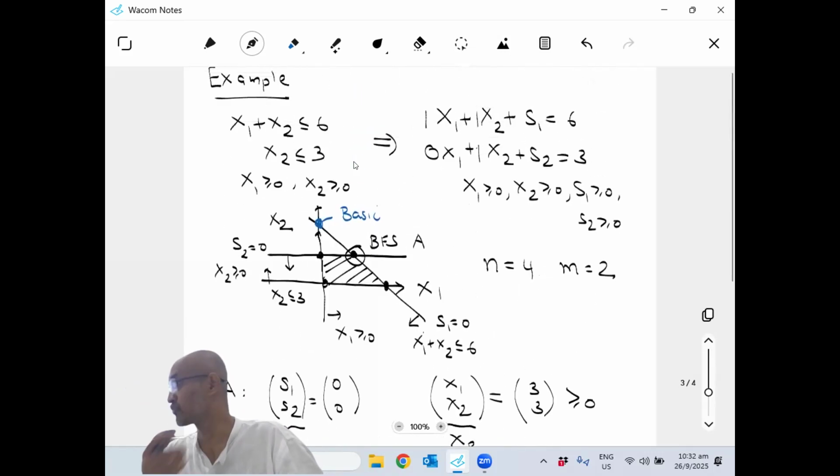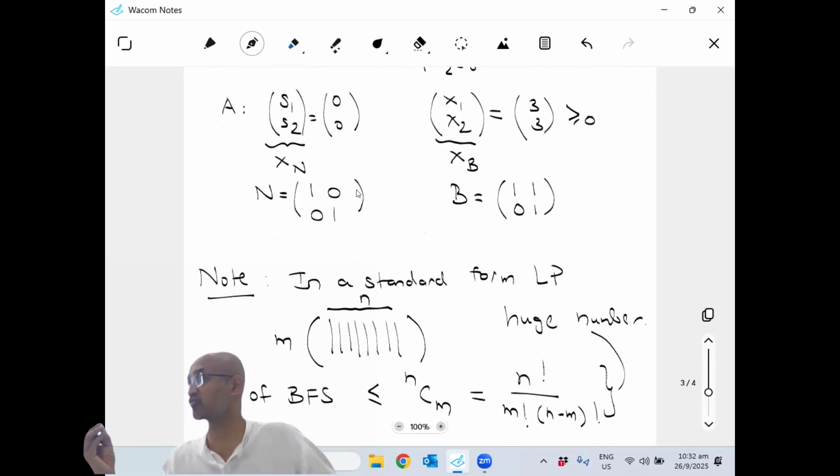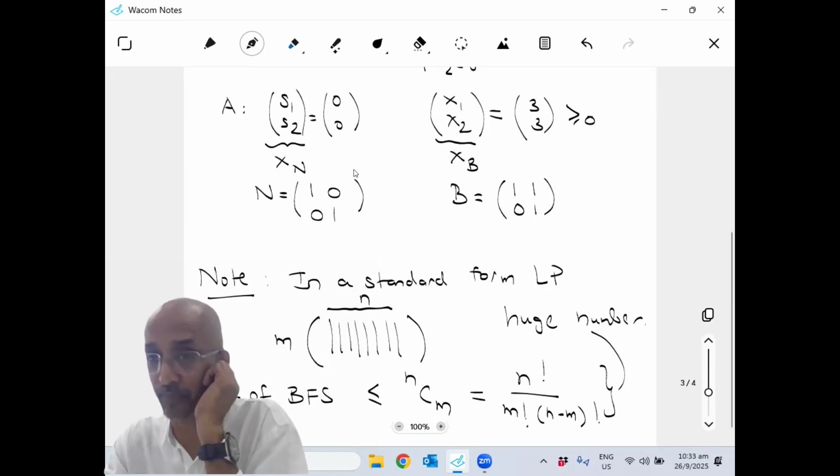That's why LP is not a trivial task. You cannot just say I will write down all basic feasible solutions, enumerate everything and find the best among them. That's not a meaningful algorithm. Okay. Good.